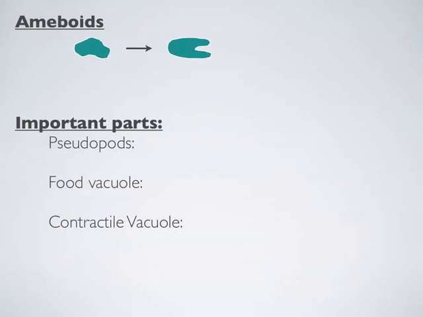Okay. All right. So let's talk about some more details about each of these types. So the amoeboids. Amoeboids are the ones that move using pseudopods. Here you see an amoeba has an irregular shape, but it sends forward these streams of cytoplasm that kind of ooze forward, and that allows it to move, but it also allows it to engulf its food.